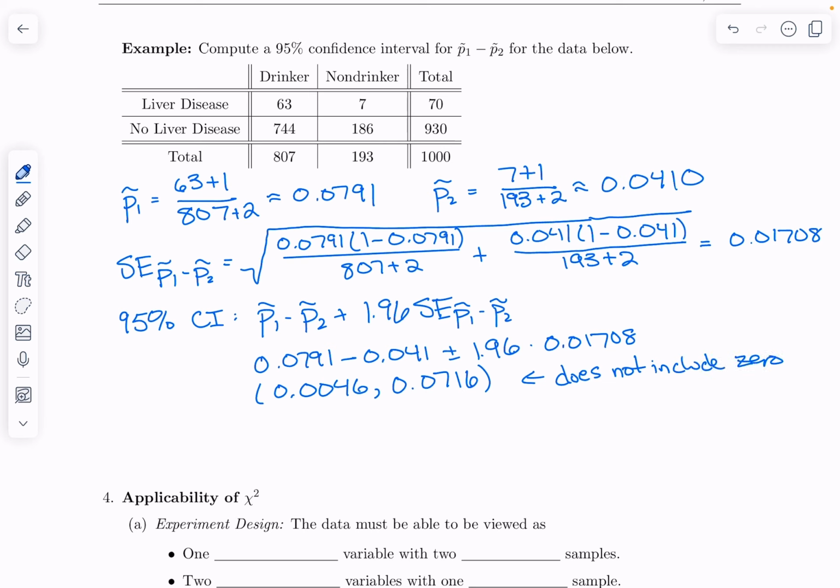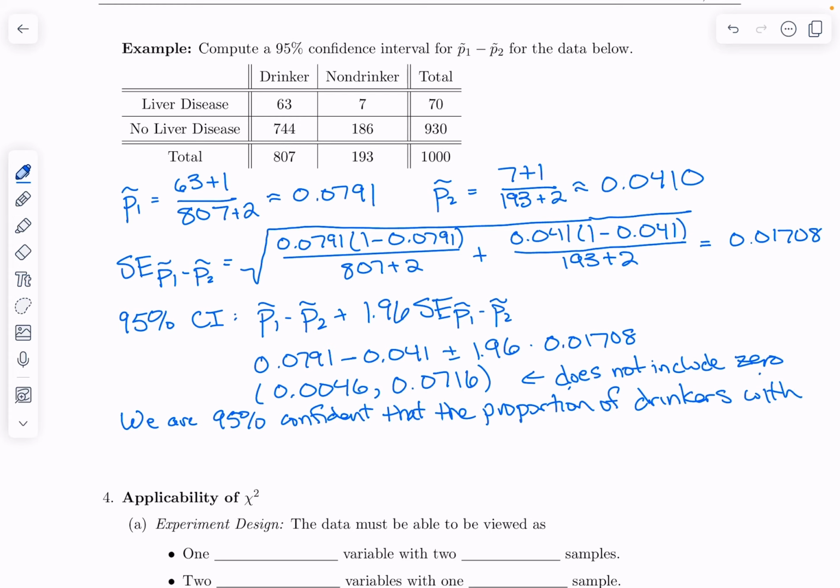That does agree with what I had done with the chi-squared test, where I was able to reject the null hypothesis and say that liver disease does depend on drinking status. So we would say we are 95% confident that the proportion of drinkers with liver disease is 0.46 to 7.16 percentage points higher than non-drinkers.